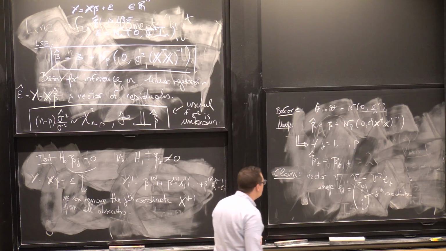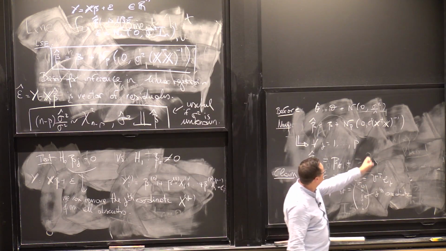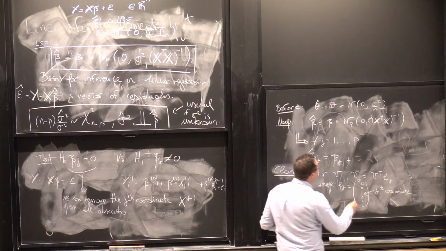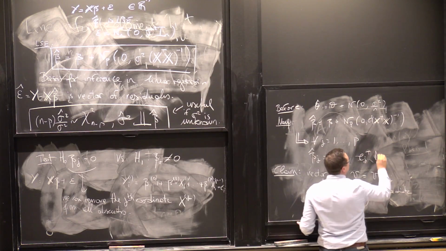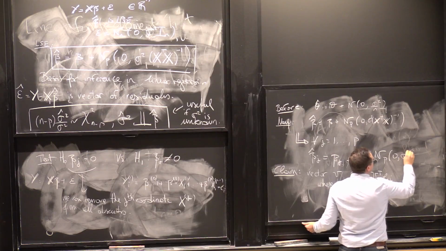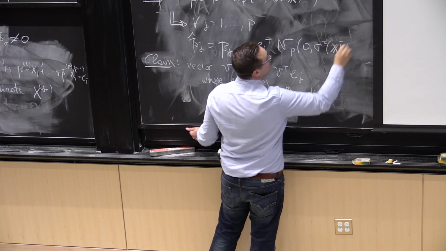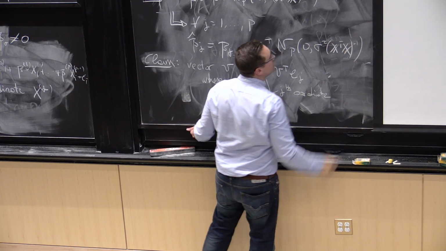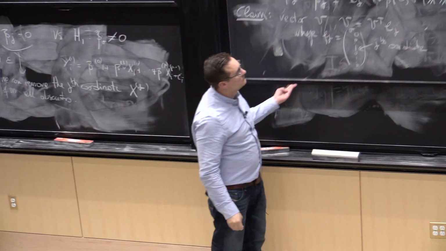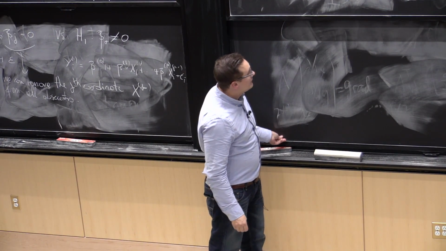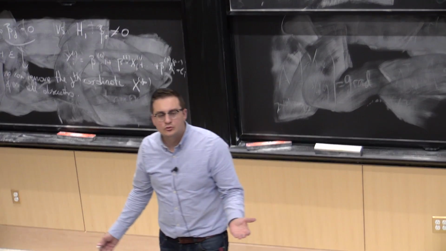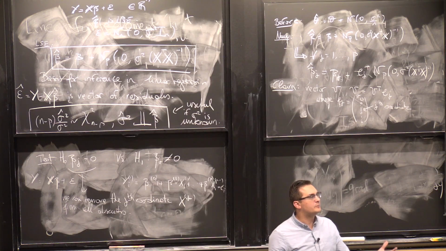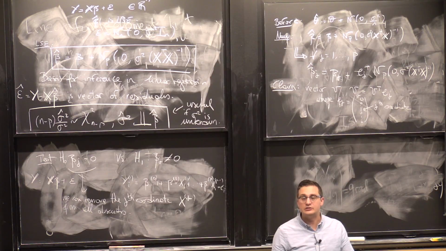Now that I have this form, I can see that essentially beta hat j is just ej transpose N(0, sigma squared x transpose x inverse). And now I know what the distribution of the inner product between a Gaussian and a deterministic vector is. What is it? It's a Gaussian.